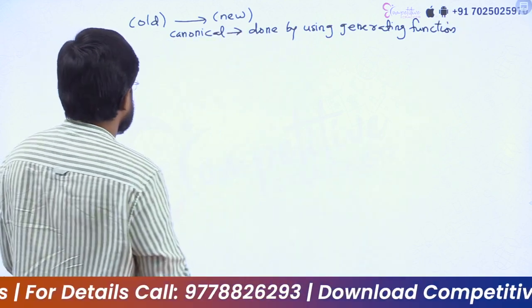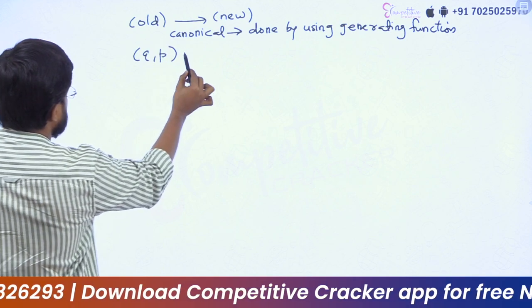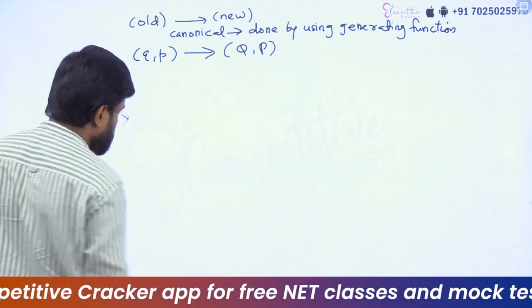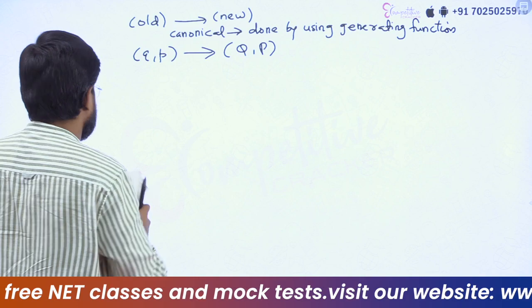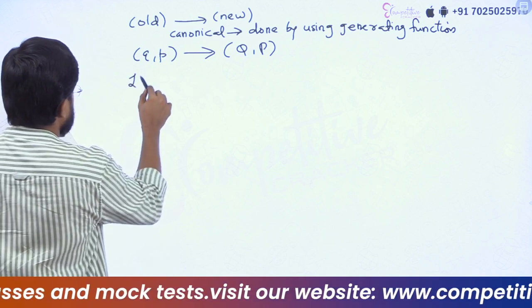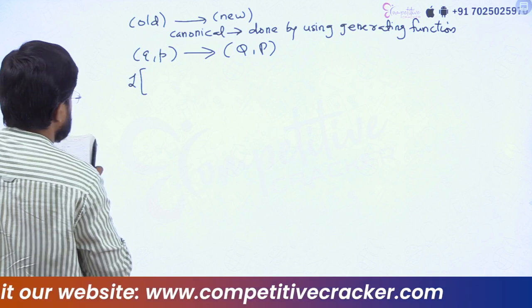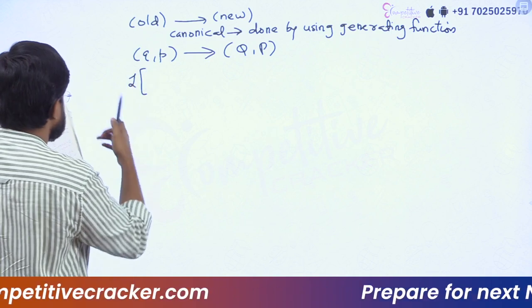So that means if you are transforming from an old coordinate system of small q, small p to a new coordinate system of capital Q, capital P, see the Lagrangian of the old coordinate system, what are the variables on which Lagrangian depends?